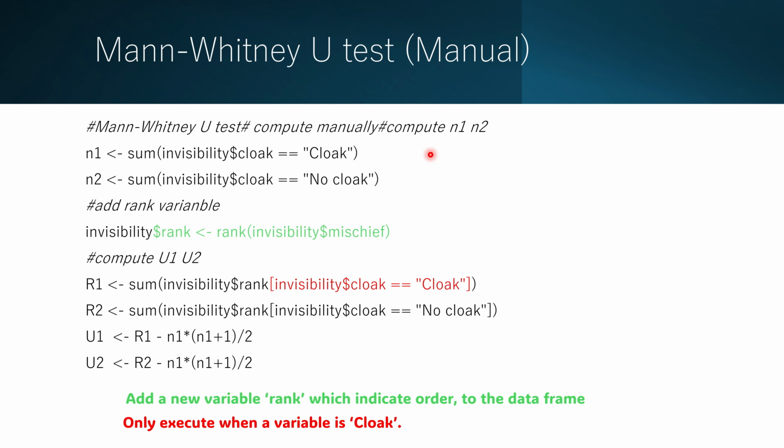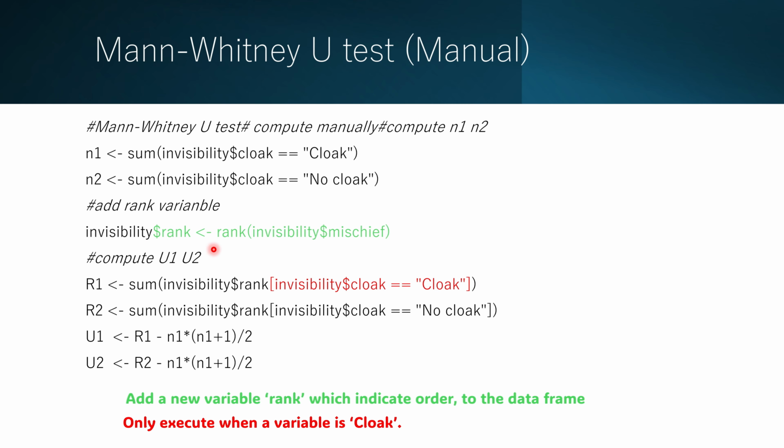The Mann-Whitney U test in the manual case is here. N1 equals the invisibility dollar cloak equal cloak, and N2 equals no cloak. And we add a rank variable. Sorry, this is a typo.